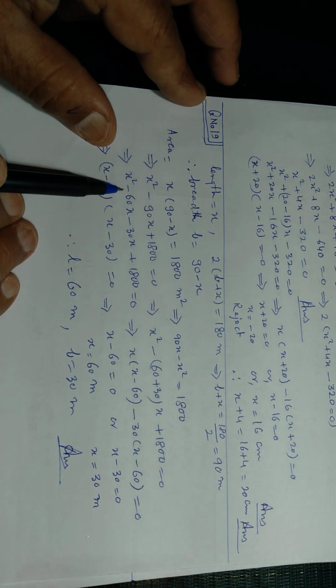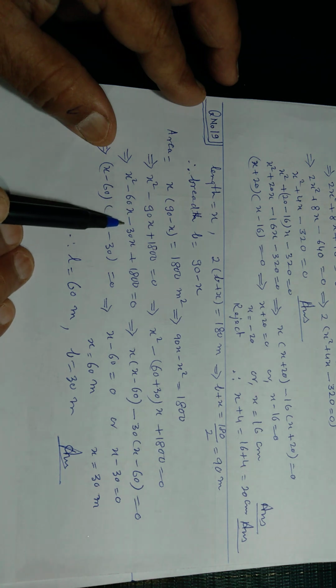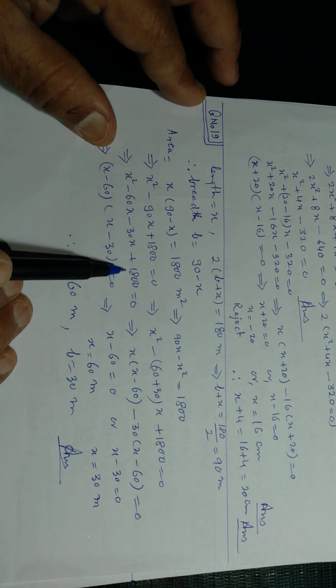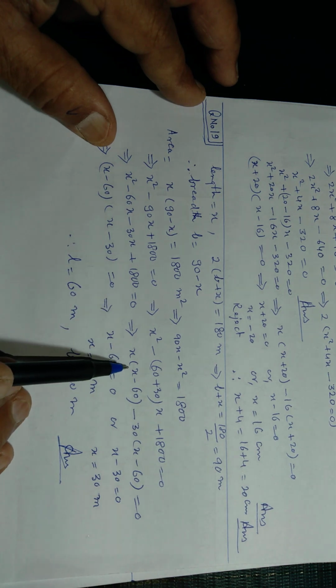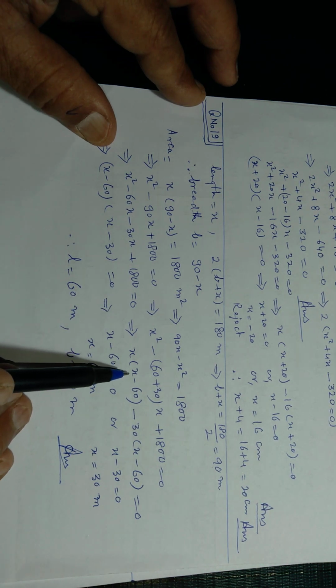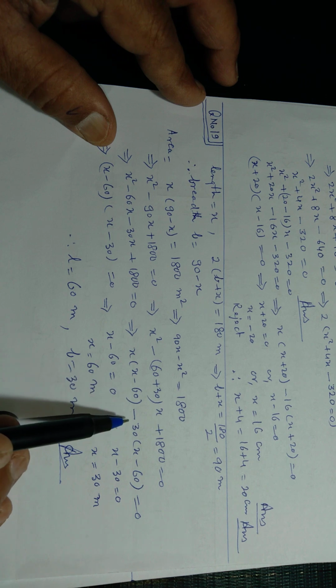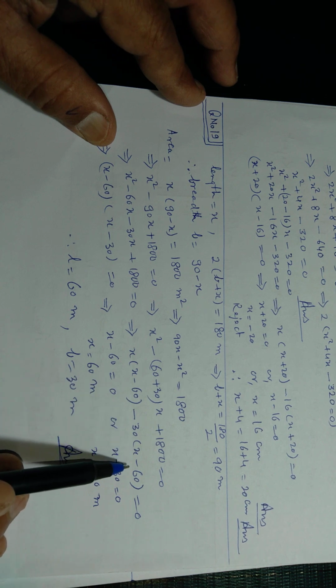So x square minus 60x minus 30x plus 1800 equal to 0. This will be further written like this: x inside the bracket x minus 60, minus 30 x minus 60, equal to 0.